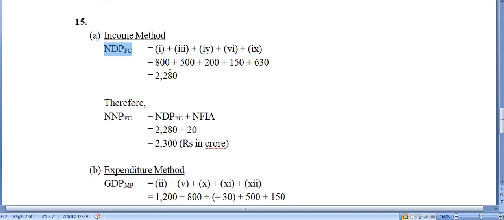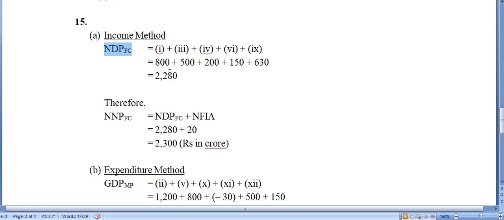Number one, compensation of employees, yes. This expenditure, whatever you are seeing now, capital formation, consumption of fixed capital, don't include this part in the income method, just exclude them. Even that NIT, net indirect tax, we don't calculate here.